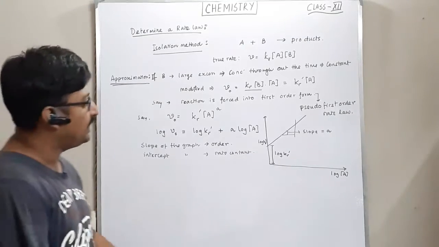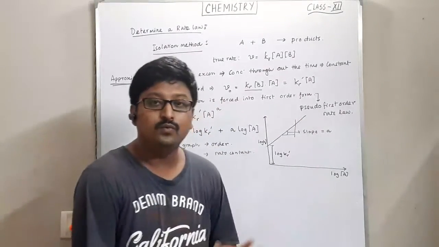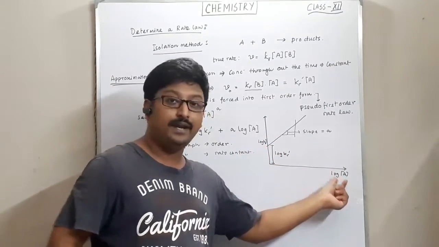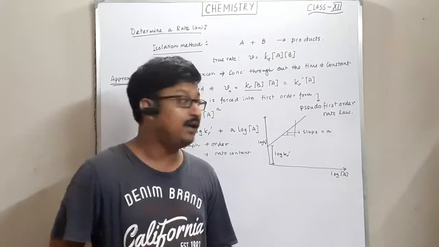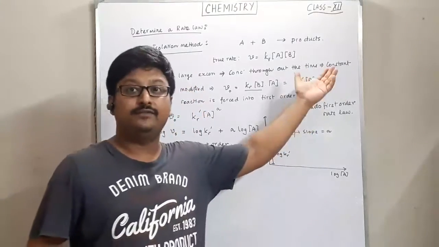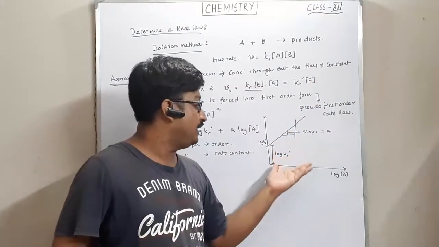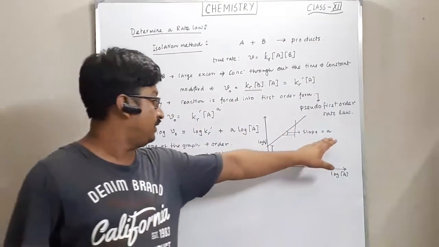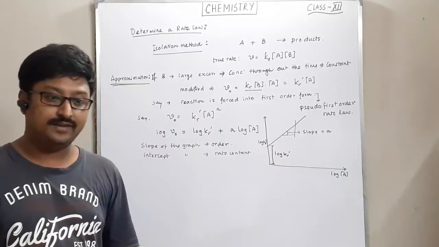So this is the way you can do it experimentally. You get this data, rate versus concentration, plot it, and from the slope and the intercept you calculate the corresponding order and rate constant of the reaction.